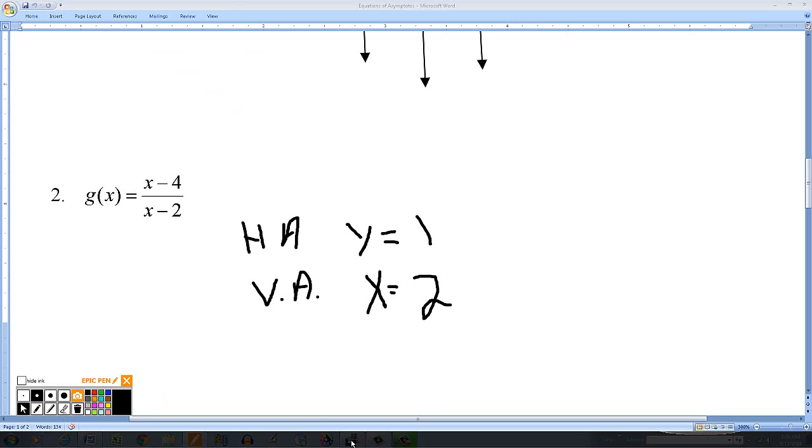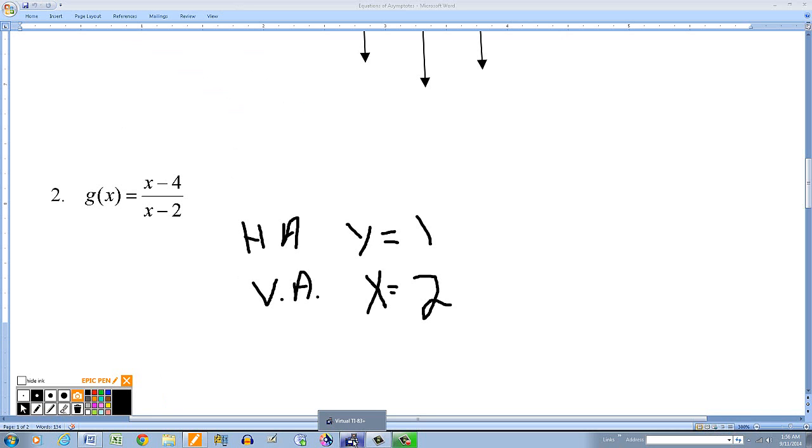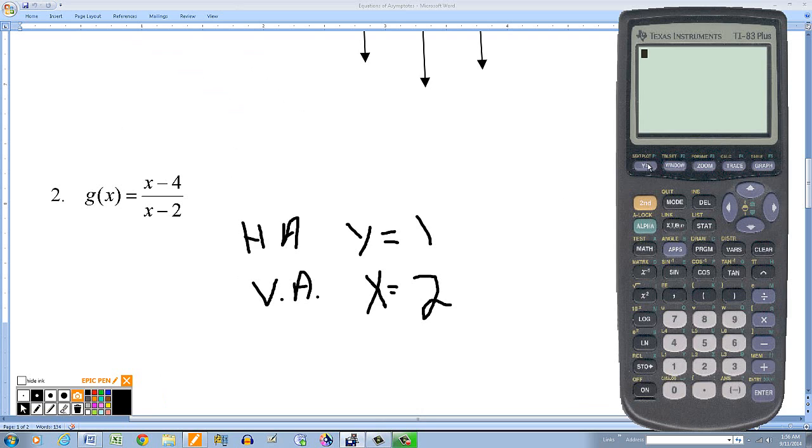But again, just to show it to you on the calculator, let me deselect this one. And again, let me try zoom 6. Okay, so there you have it.